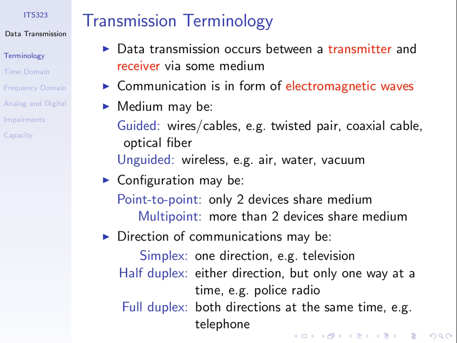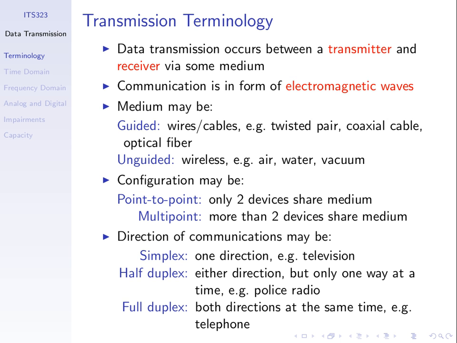So let's give some terminology that is relevant for our discussion. We transmit data from a transmitting device to a receiving device, a transmitter to a receiver, via some medium. We could draw that.